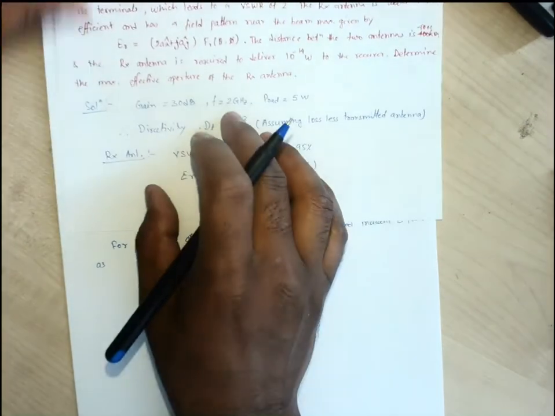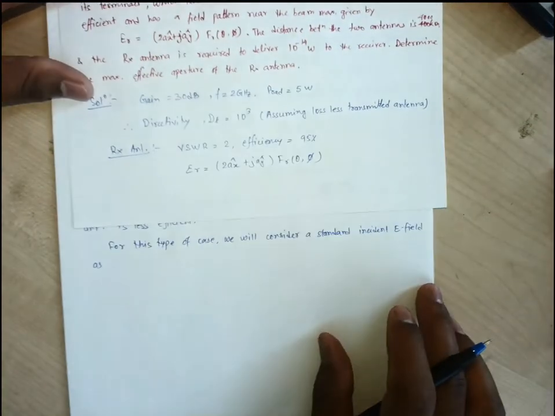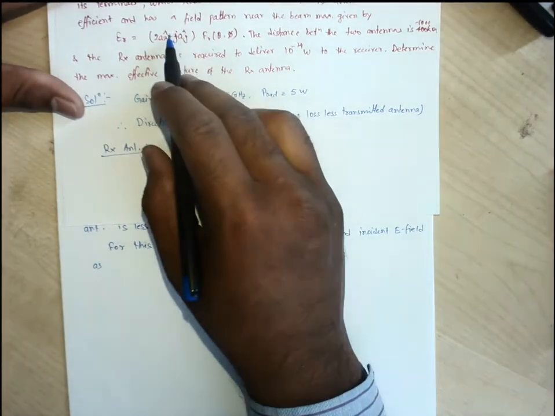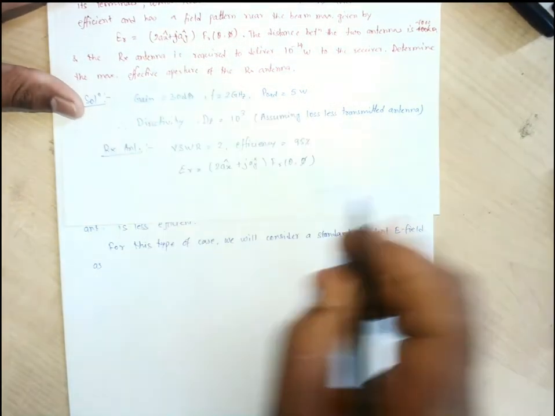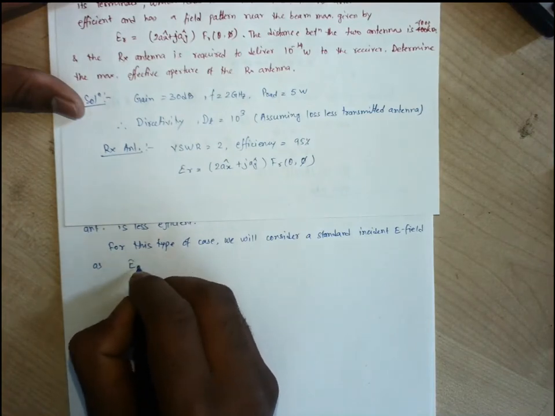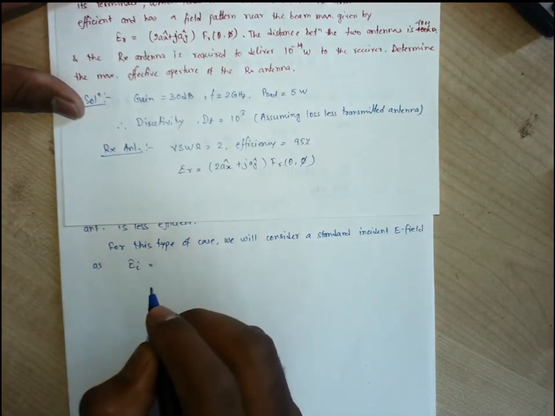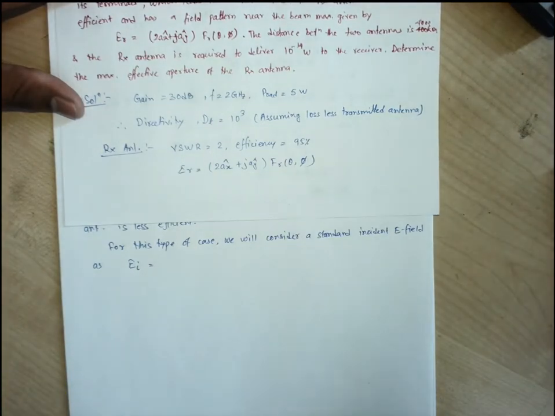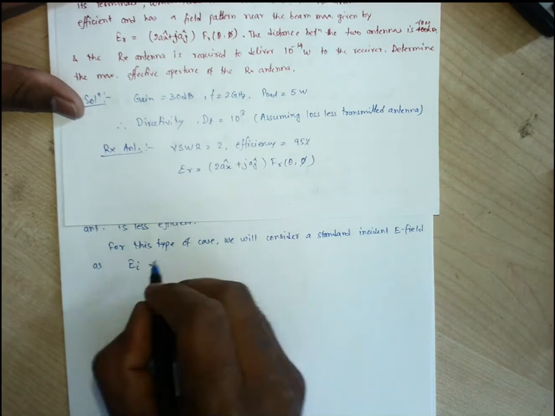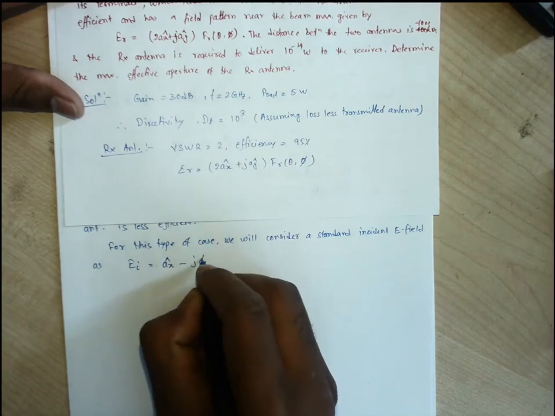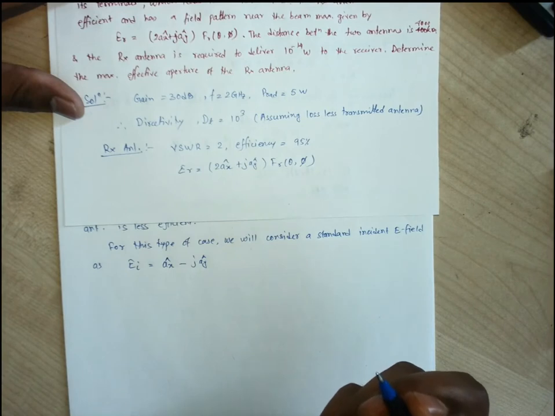What is the unit vector for this? This is the unit vector. So for polarization match, to some extent we need to take the opposite of this, right? So what we can consider, that EI, that incident field on the receiving antenna, which has been coming from the source, is the transmitter. So we can write down this one as AX minus J of AY, right?